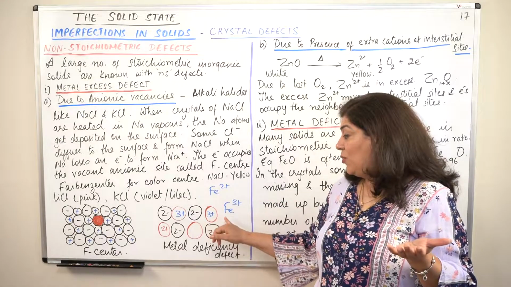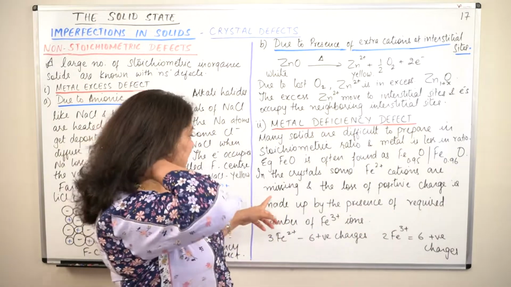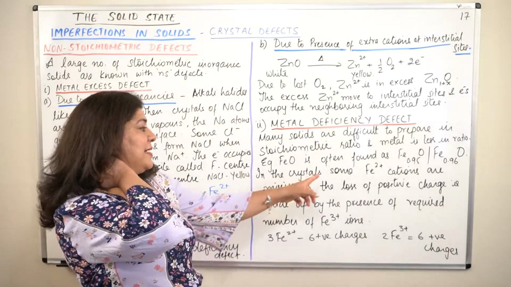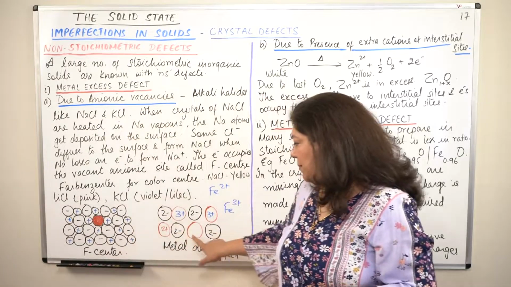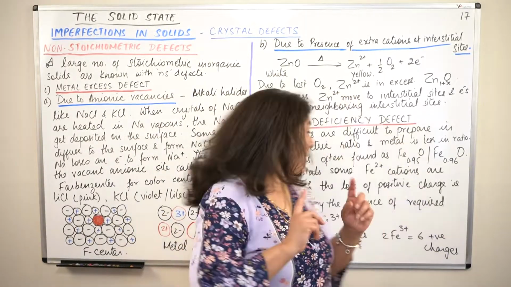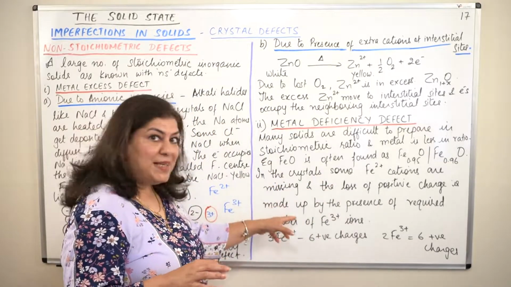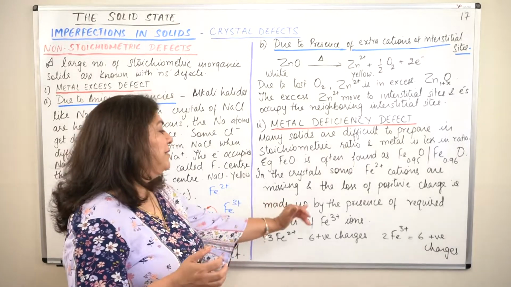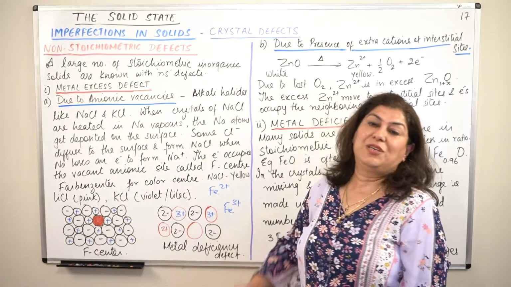And this is the vacant site. Now let us read that sentence again. In the crystals, some Fe2+ cations are missing, and the loss of positive charge is made up by the presence of the required number of Fe3+ ions.